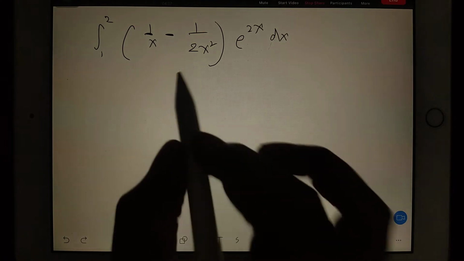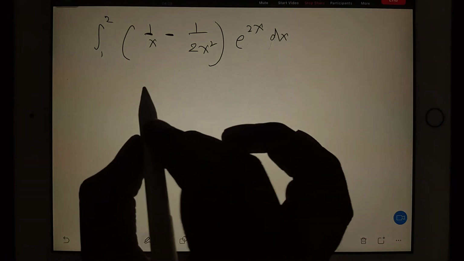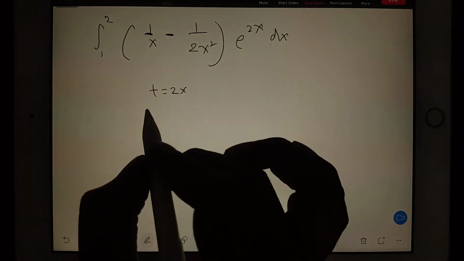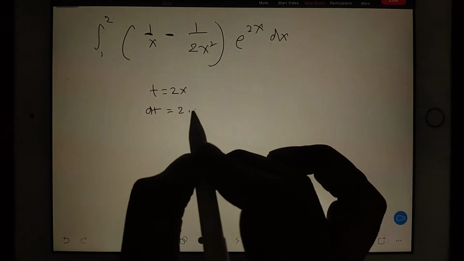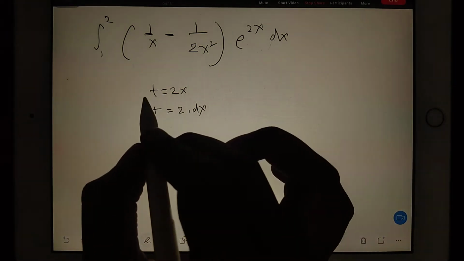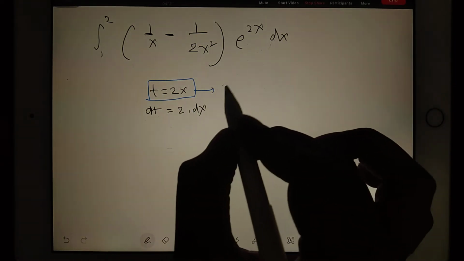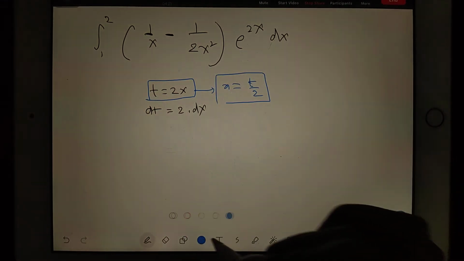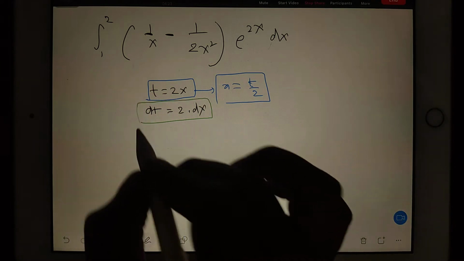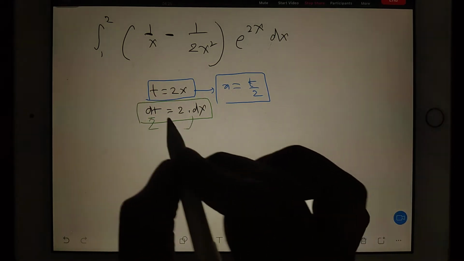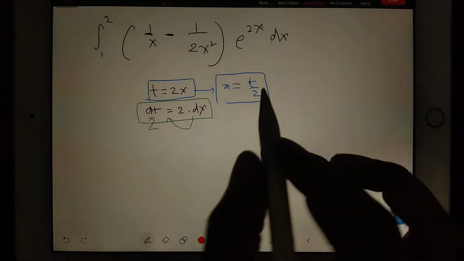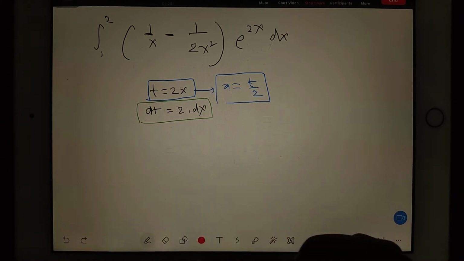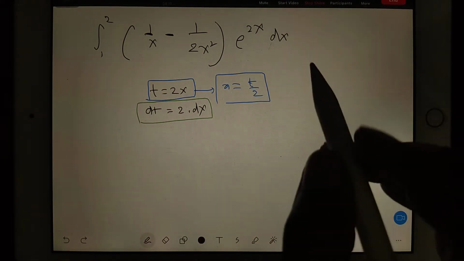So the best part is you change the variable itself. Consider t = 2x, so dt = 2 dx. One change is here: from this, the x value you can replace as t/2, and the dx value you can put as dt/2.